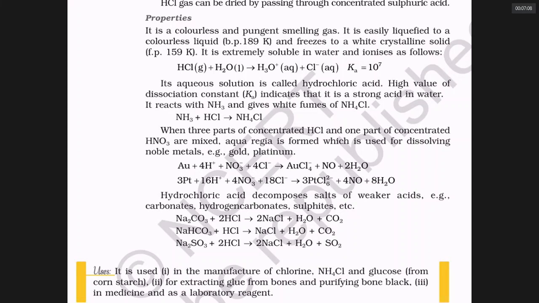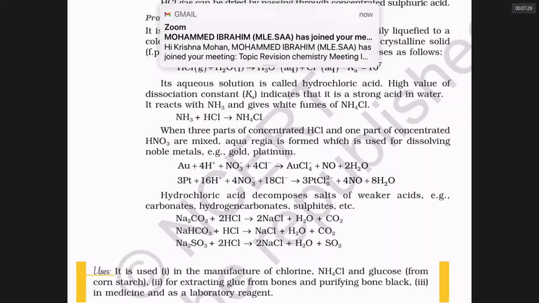The gold dissolves because it undergoes oxidation to give tetrachloroaurate ions. Platinum similarly gives hexachloroplatinate ions. Gold is in the +3 state in AuCl4 minus, and platinum is in the +4 state in PtCl6.